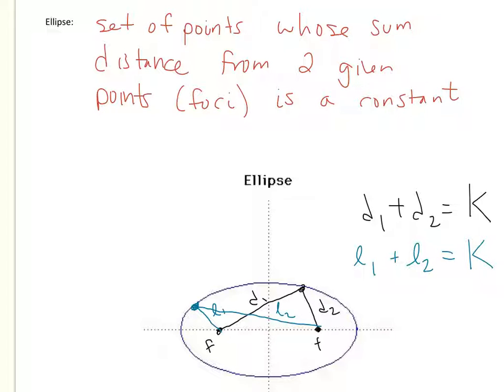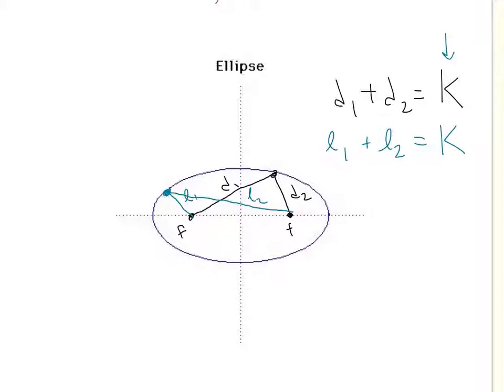So no matter what two distances you add from any point on this ellipse to these two foci, it is always the same number. We really don't care what this number is, we just will always know it is a constant. Now there's some other neat things about an ellipse, some different parts of the ellipse that we should talk about.